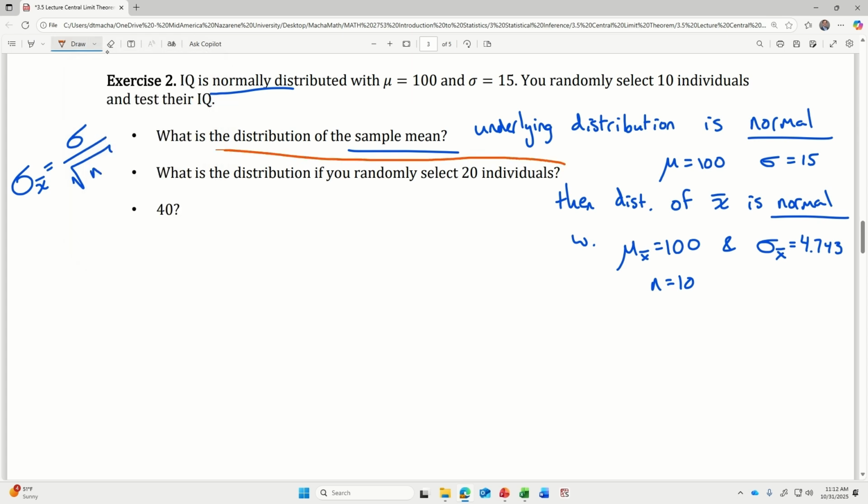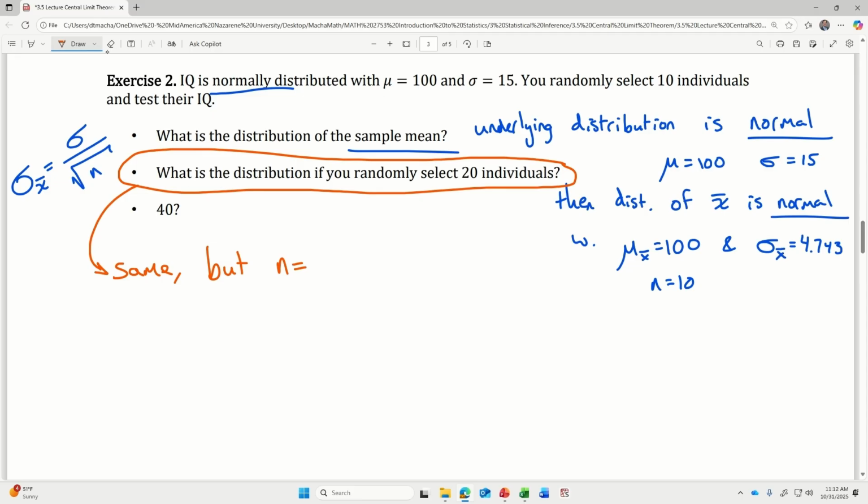For the second bullet point, everything is exactly the same, meaning it's a normal distribution with mean 100, but the difference is that n is now equal to 20. So I have to update my standard deviation of the sample mean. And so my standard deviation of the sample mean is now going to be 15 divided by the square root of 20.